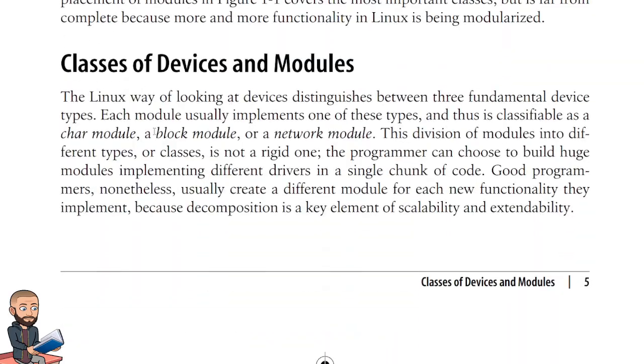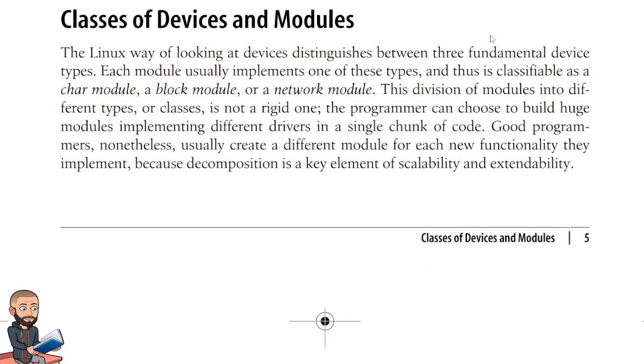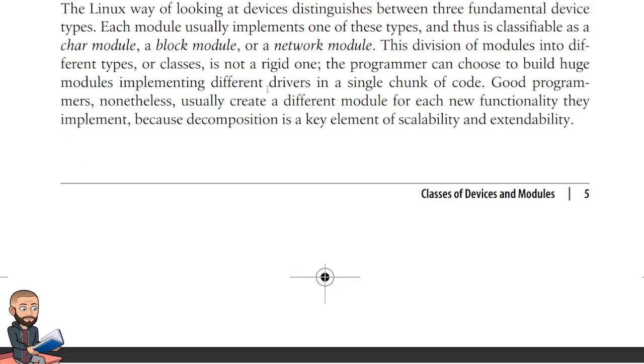Let's continue reading. The section is called Classes of Devices and Modules. The Linux way of looking at devices distinguishes between 3 fundamental device types. Each module usually implements one of these types, and thus is classifiable as a character module, a block module, or a network module. This division of modules into different types or classes is not a rigid one.